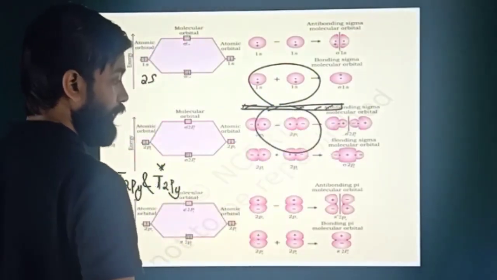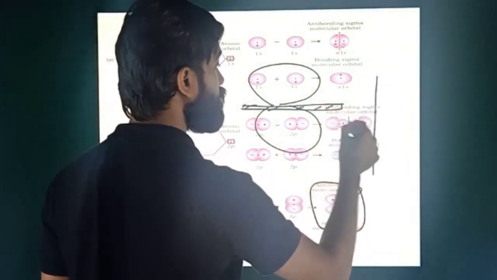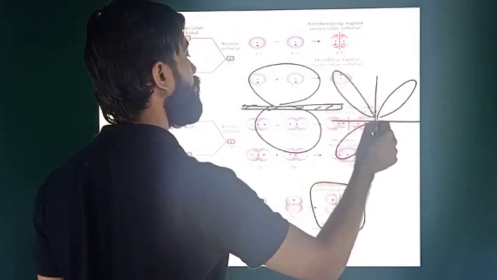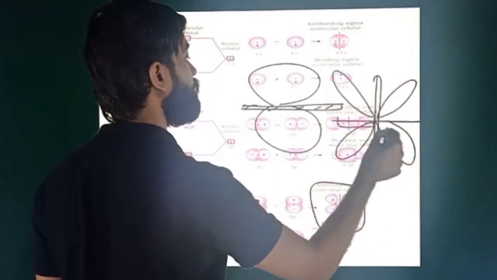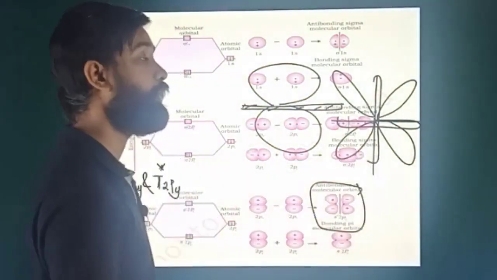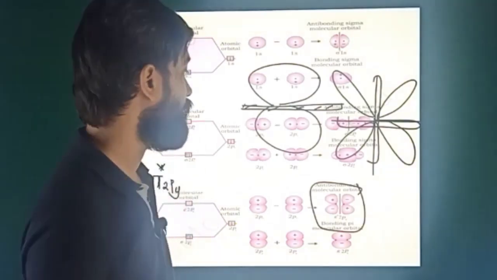So there is one nodal plane even in a bonding molecular orbital. But what about the antibonding molecular orbital? In the antibonding molecular orbital, due to the subtractive combination, there are two nodal planes like this, which increases the repulsion more and decreases the stability more.